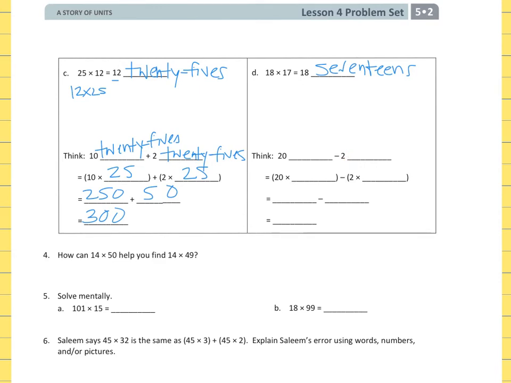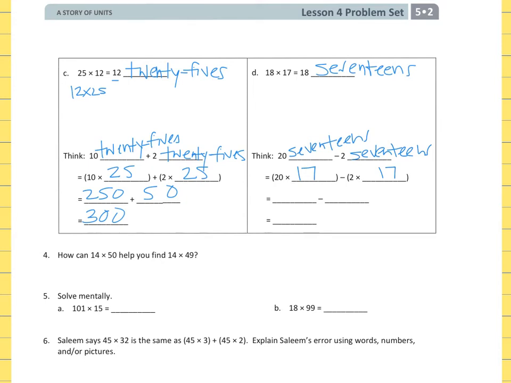So we're going to be taking 20 17s and then taking away 2 17s. So you have 20 17s, 20 times 17, take away 2 17s, or 2 times 17.